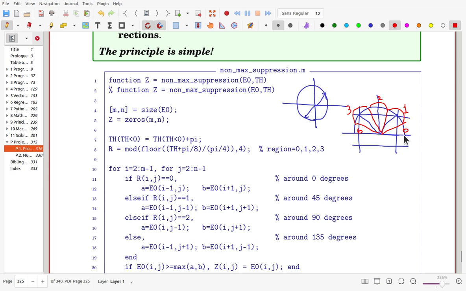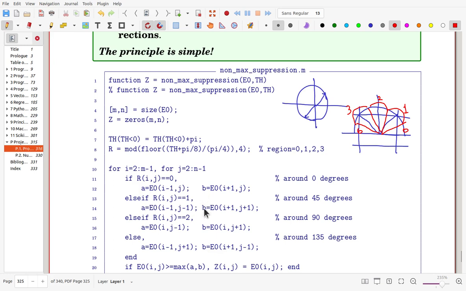The edge normal direction is around the horizontal. In this case, the edge normal direction is about 45 degrees. In this case, about vertical, and this is about 135 degrees. Once it is 0, around horizontal, we get the horizontal values on the left side and right side of the given point, the ij point.